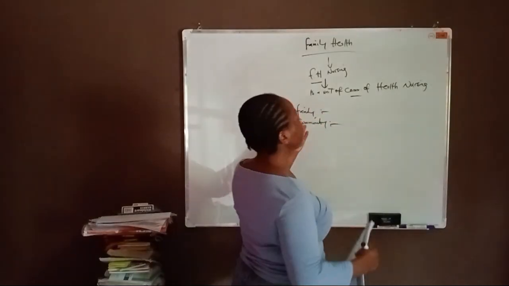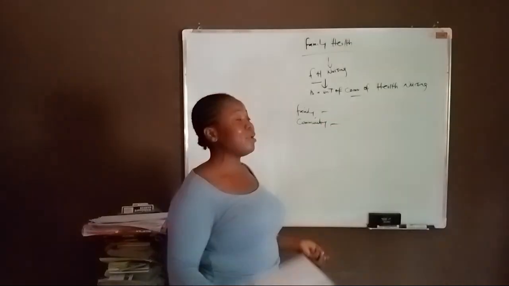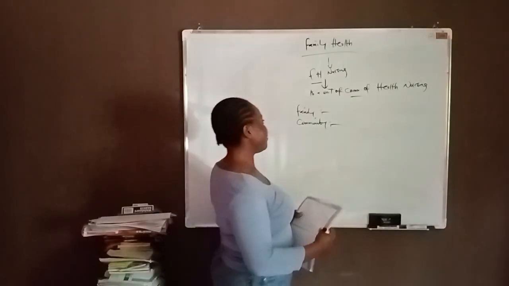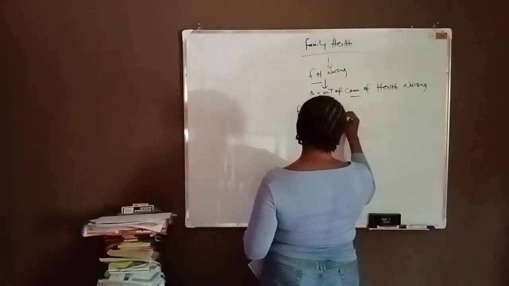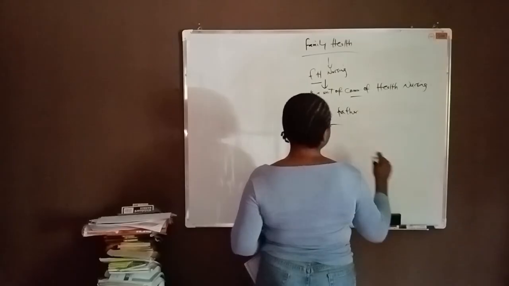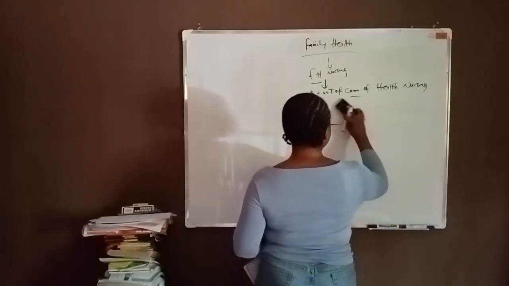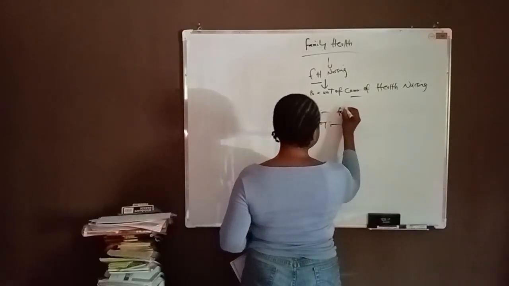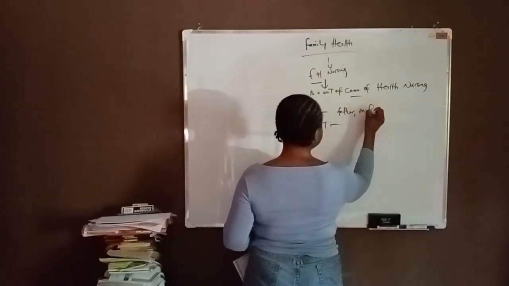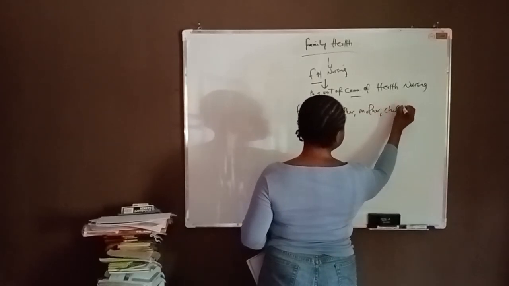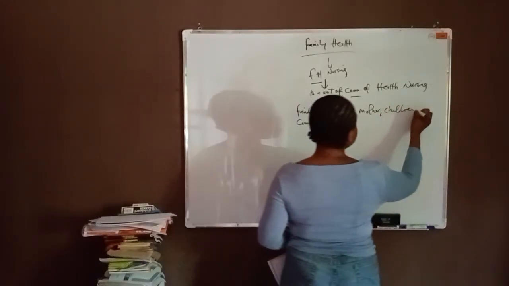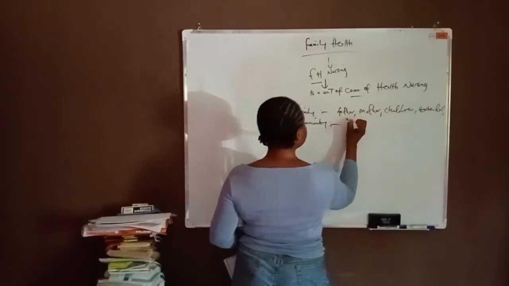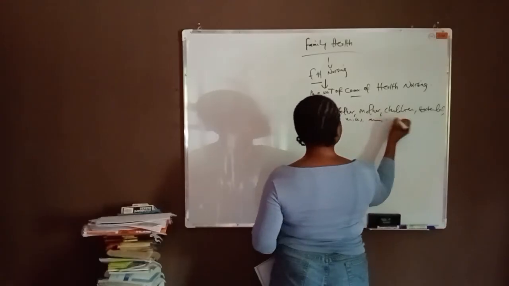So what do you understand by family? In a layman's understanding, family is a social group that includes the father, mother, children, extended family, uncles, aunties, grandfather, and so on.